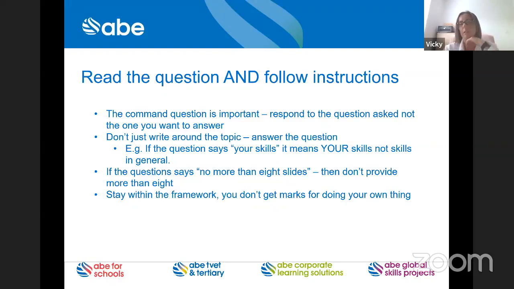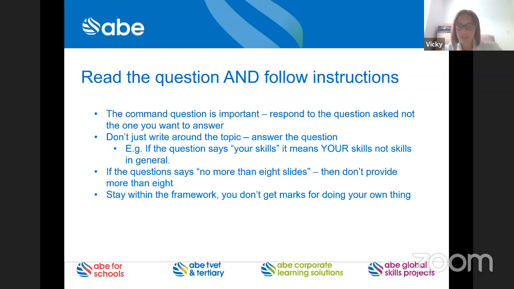Also, there's another example. In some questions, it asks you to talk about your skills in relation to something. So a lot of the HR-based units will talk about what skills do you bring to your organisation? And so you need to then talk about your skills and not just skills in general that would be good for that particular job role.